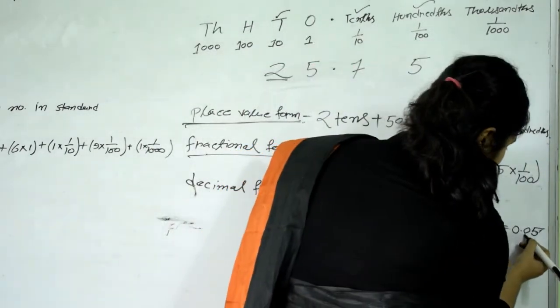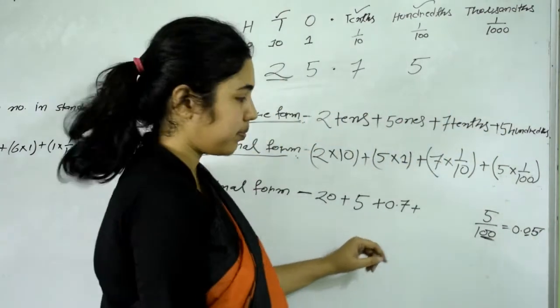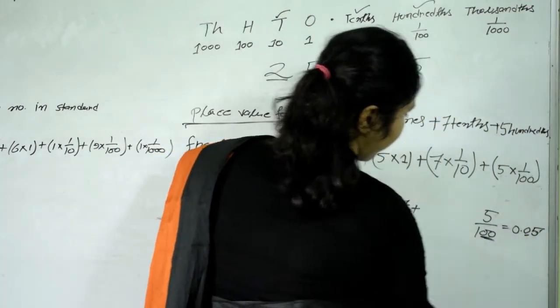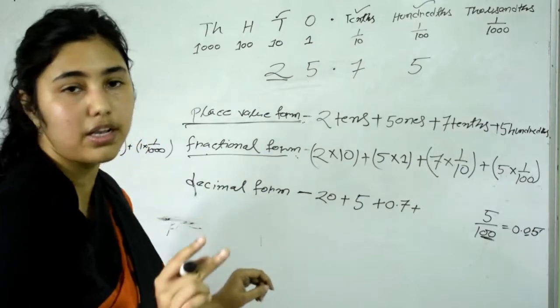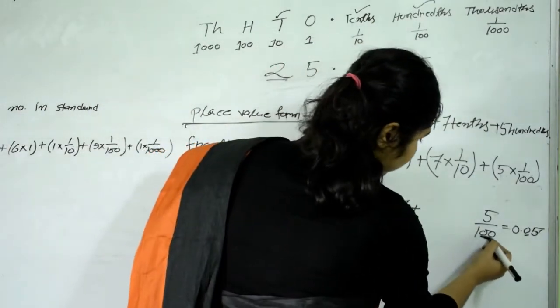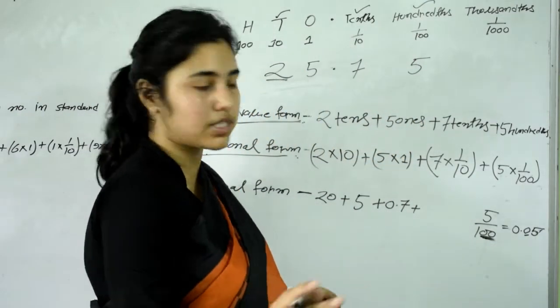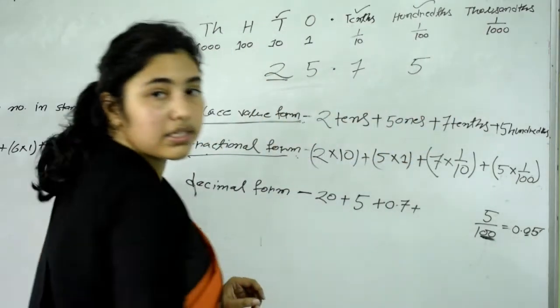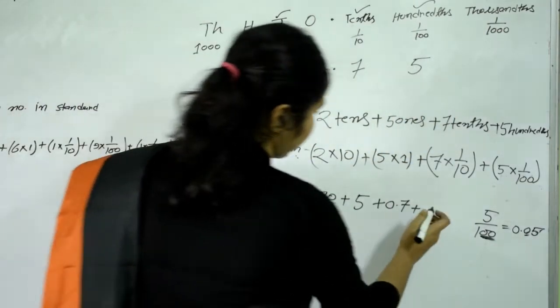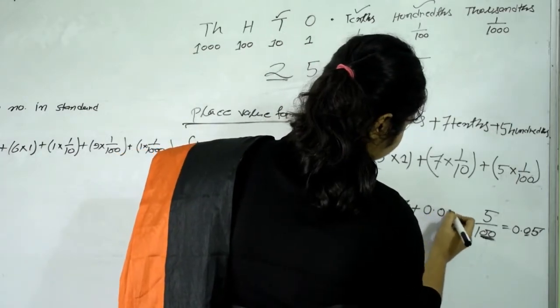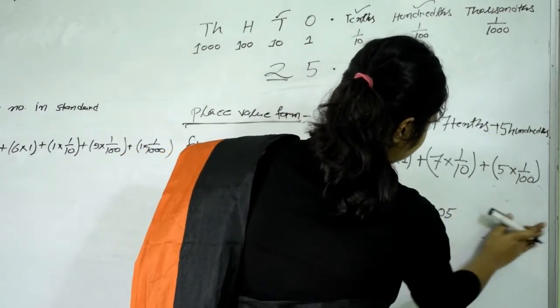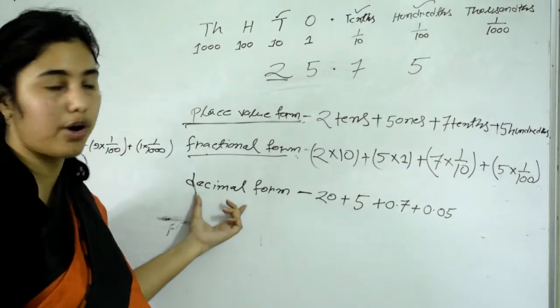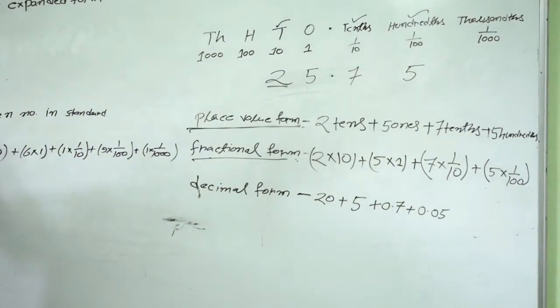That's why we are taking 0 here, because we have to put this decimal point at 2 decimal places, because in the denominator we have 2 zeros. That's why we are taking this 0 at tenth place. So 0.05. This is our decimal form of this number.